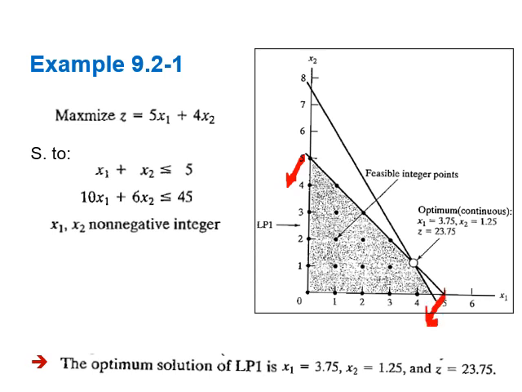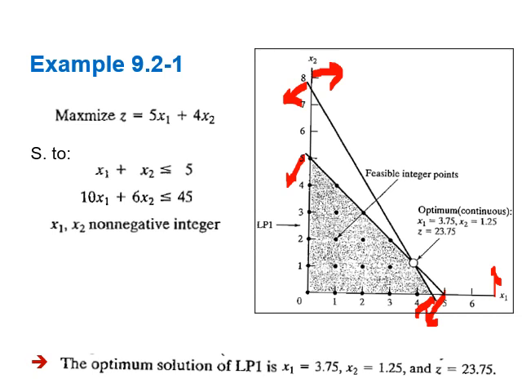Okay, and this one is our second constraint, and since it's less than or equal to 45, again we are taking this side of this constraint. So x1 should be greater than or equal to 0 and x2 should be greater than or equal to 0. The intersection of all these constraints is this shaded area.